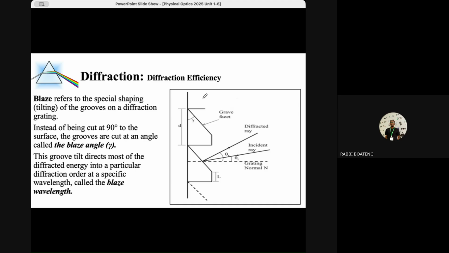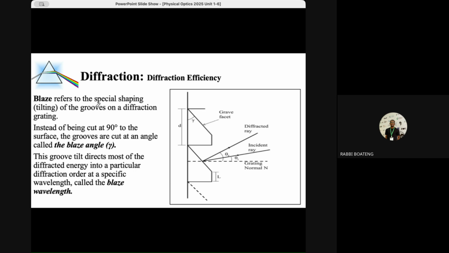For the reflectance, if this is the surface of the grating, the light is going to hit the surface and bounce back, and then we get our diffracted light. Now, how the surface is designed is very engineered. The surface here tilts at a particular angle. You will not see it with your eye, it is very, very small, but it is very important to the wavelength that is being diffracted out.